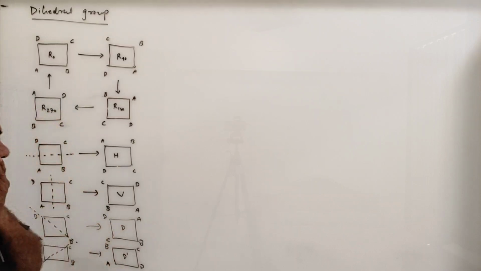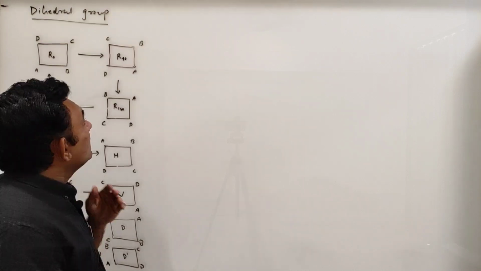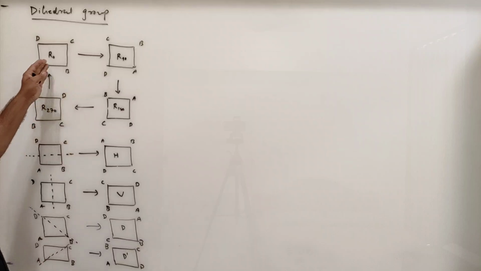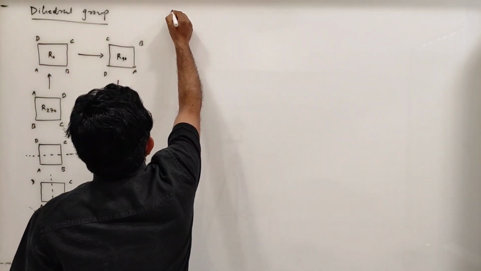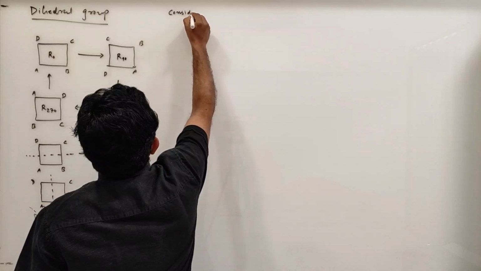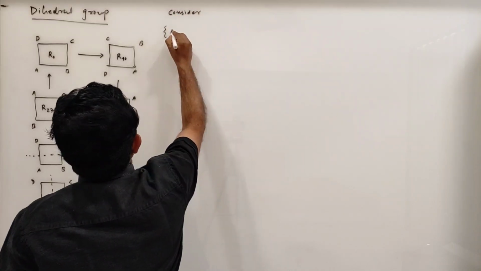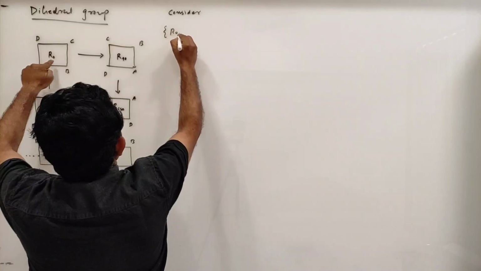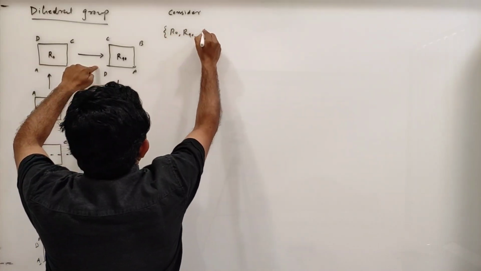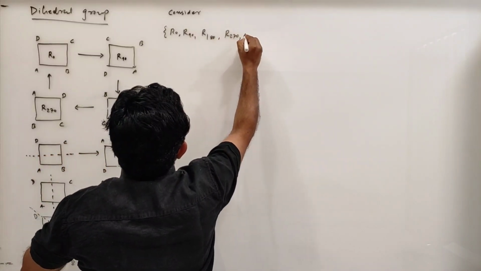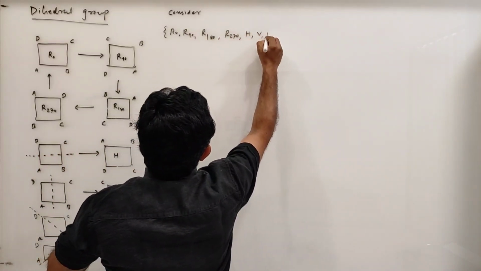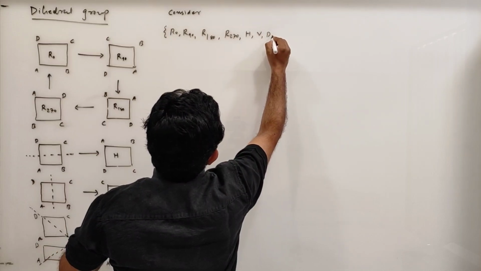Okay. So what is my object? Let me consider a set. You consider this set R0, R90, R180, R270, H, V, D and D dash.